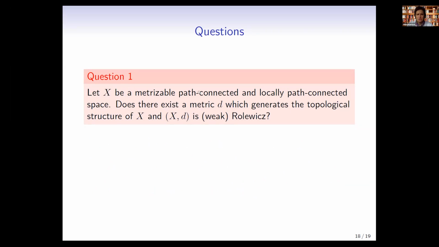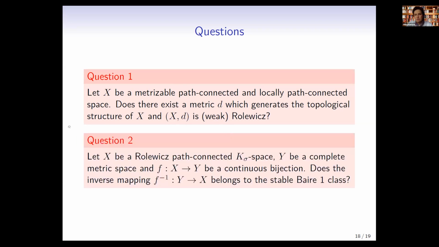If we have a metrizable path-connected and locally path-connected space, does there exist an equivalent metric d such that (X, d) is a Rolewicz space or a weak Rolewicz space? And the second question is also natural. If we have a Rolewicz path-connected K-sigma space, and Y, for example, is a complete metric space, does the inverse mapping of a continuous bijection belong to the stable Baire-1 class?